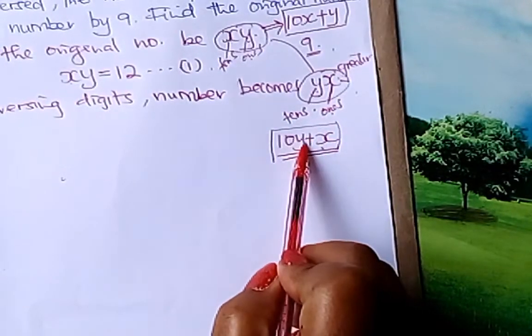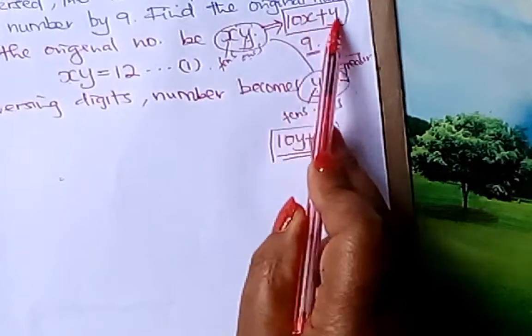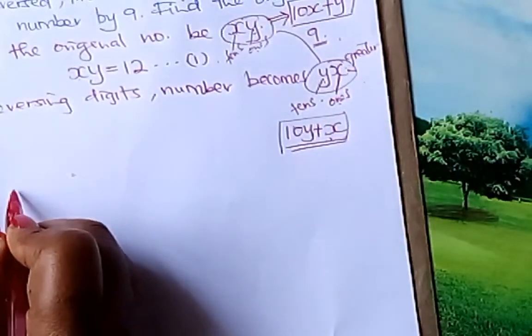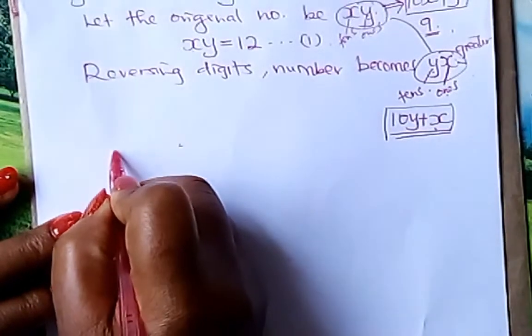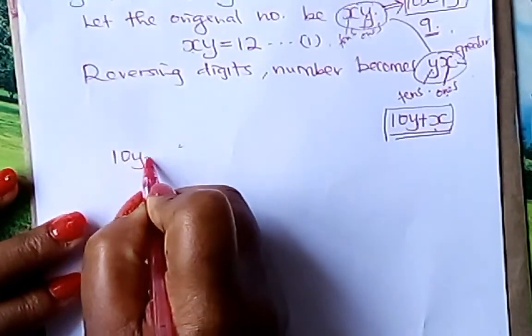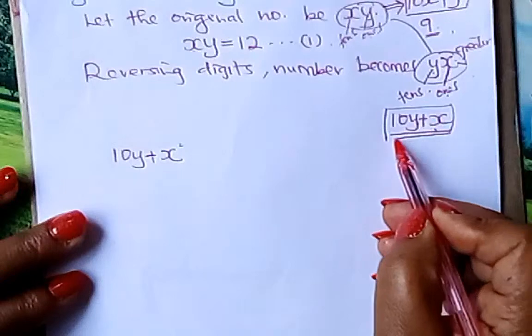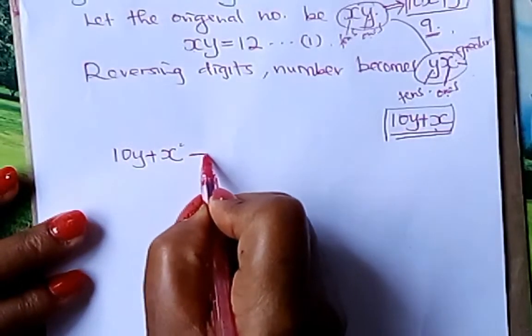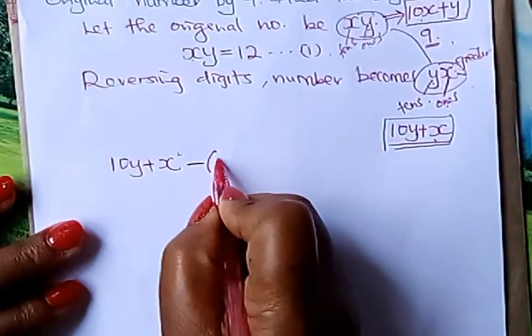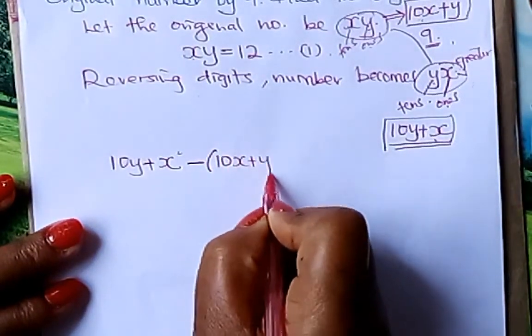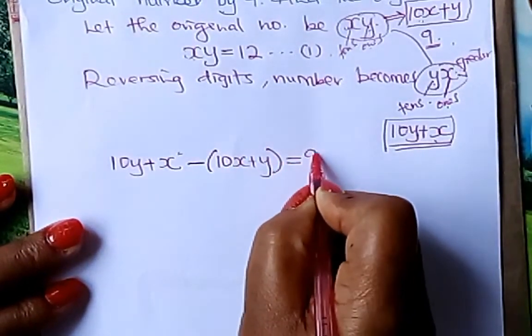The total value for the second number, 10y plus x, subtracting the first total value, 10x plus y, the difference should be 9.